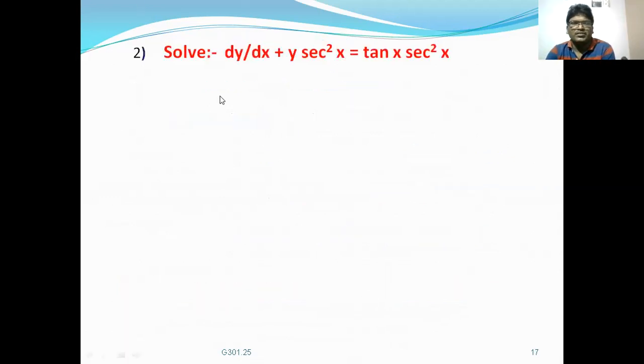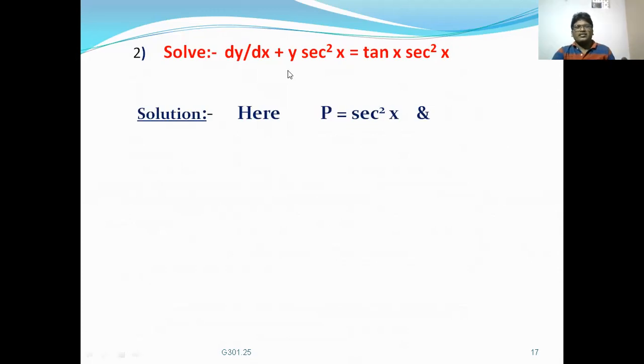Okay, so see the second problem. Solve dy by dx plus y into secant square x is equal to tan x into secant square x. First, carefully examine this problem.